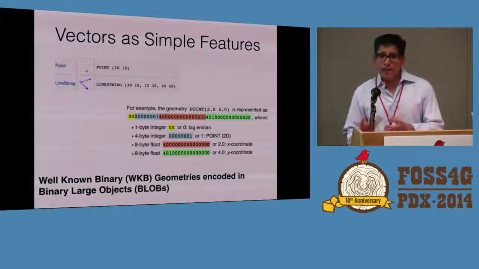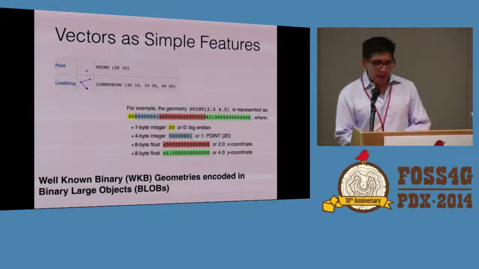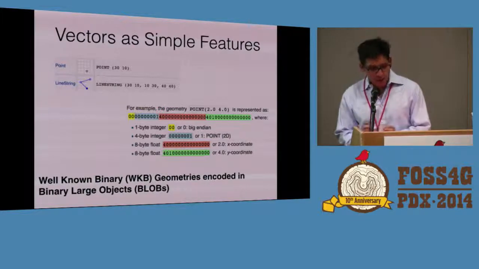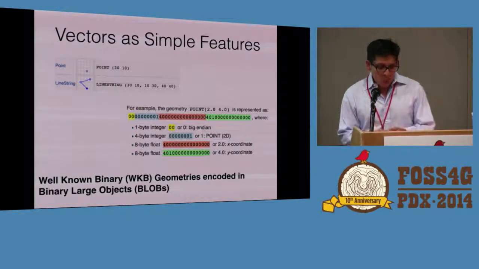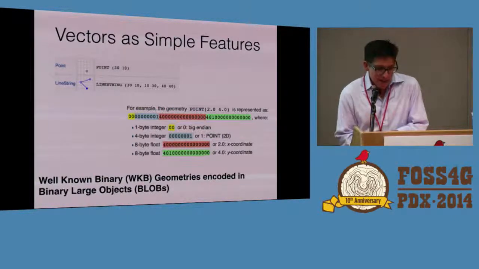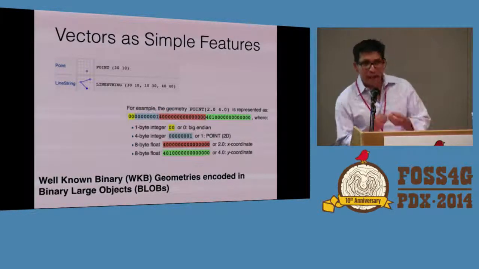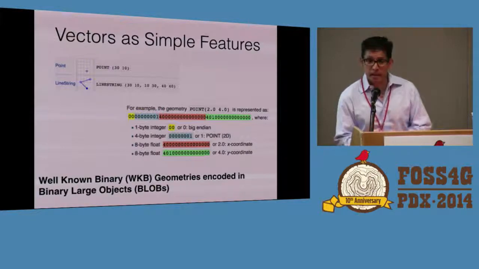There are various ways to encode these vector data. There is something called well-known binary geometries that encode this in what we call blobs, or binary large objects. This is an example of how you encode a point in binary.